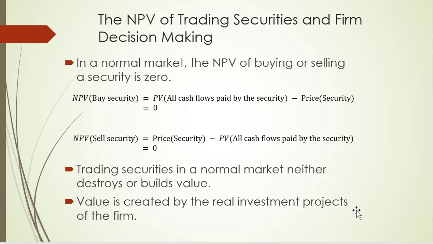The net present value of buying a security should be equal to zero. The net present value of selling a security should be zero. So trading securities, buying and selling of securities, neither destroys nor builds value.